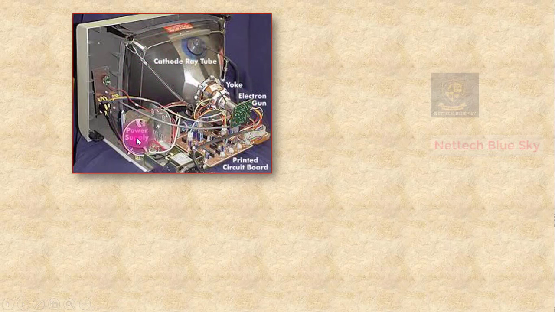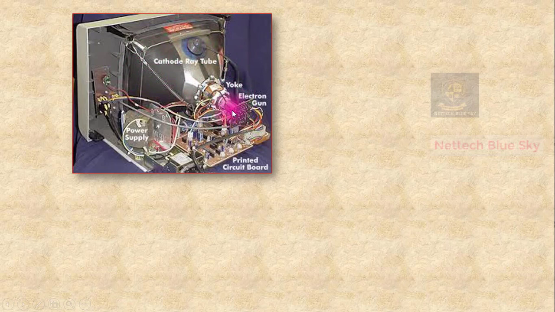On the left side you can see the power supply, meaning the CRT monitor's power. We are discussing only the inside parts of the CRT monitor. This is the cathode ray tube; inside you can see the phosphorus gas. Here is the electronic gun.